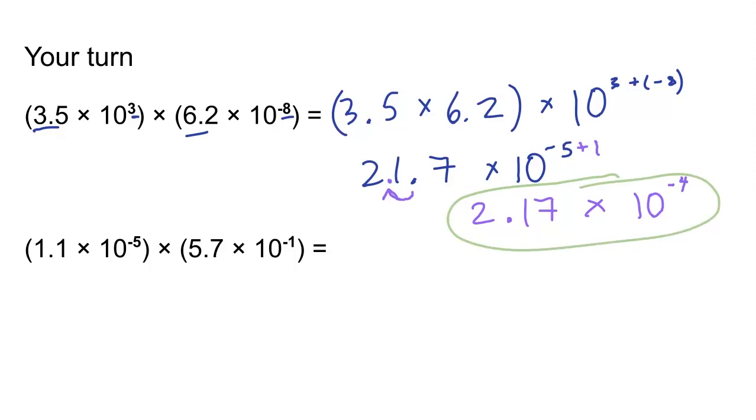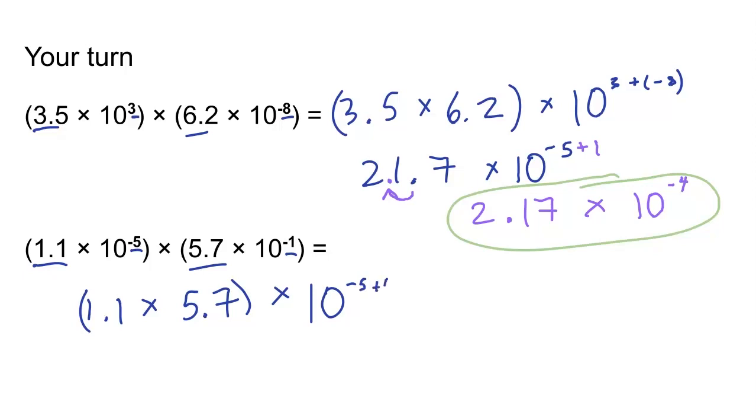Next you have 1.1 times 10 to the negative 5th times 5.7 times 10 to the negative 1. So start by multiplying the coefficients, which gives you 1.1 times 5.7 times 10, and then add the exponents, which are -5 and -1. -5 plus -1.